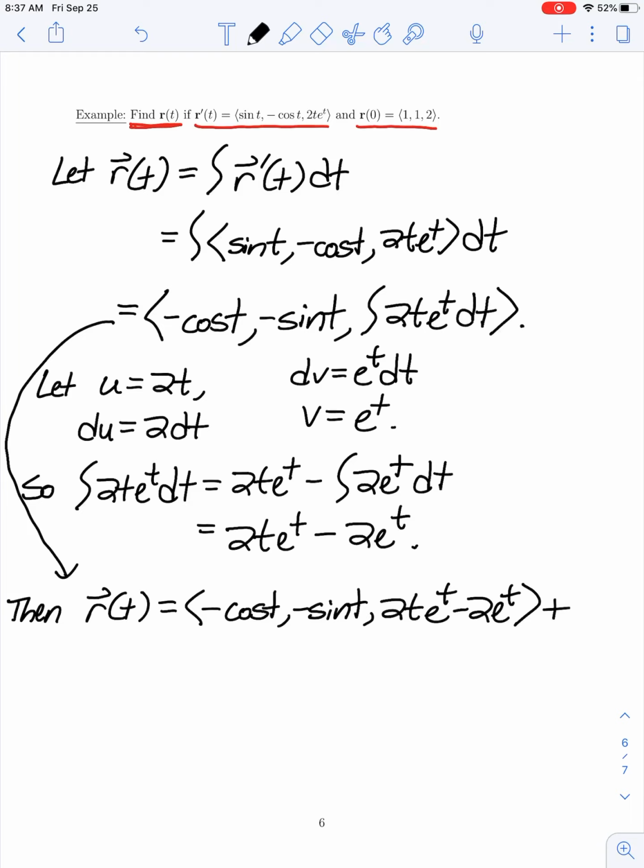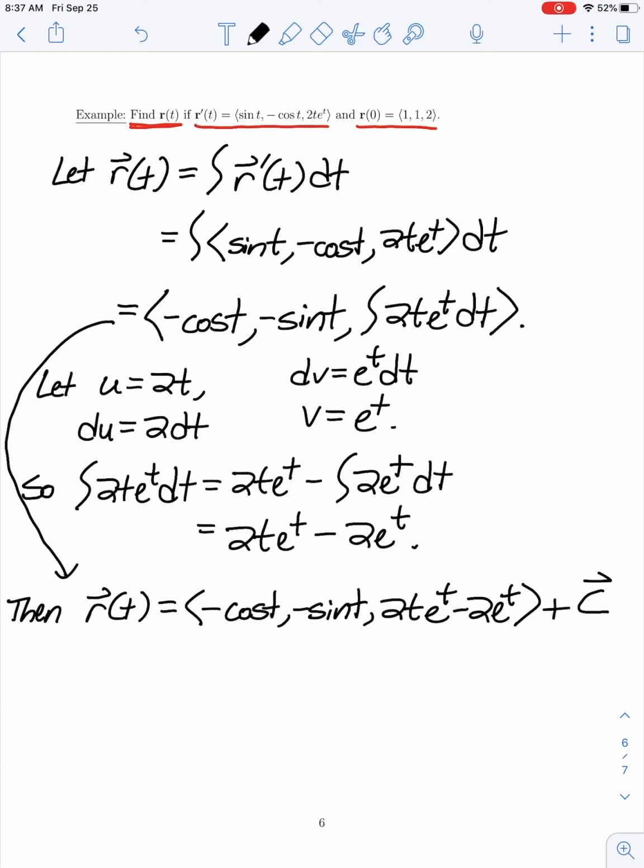Since we're no longer working with scalar functions, we're not just adding an arbitrary constant, some fixed number, on the end of a vector function. We can't add just a number to a vector, but we would be adding a vector of constants. I'm going to call it C, with a vector arrow above it.